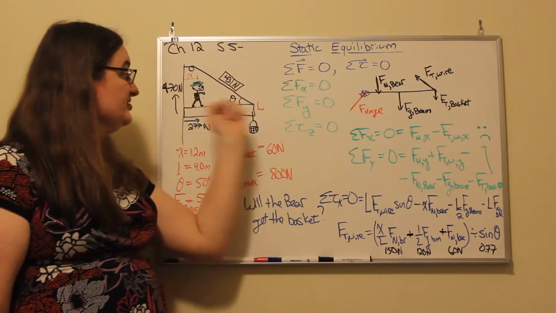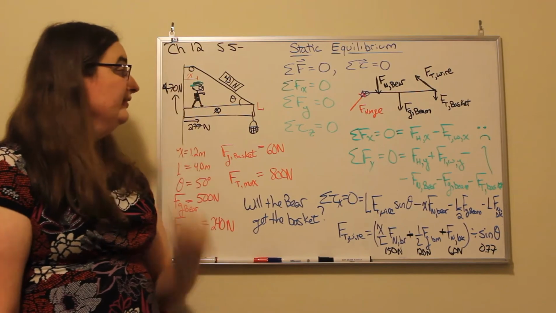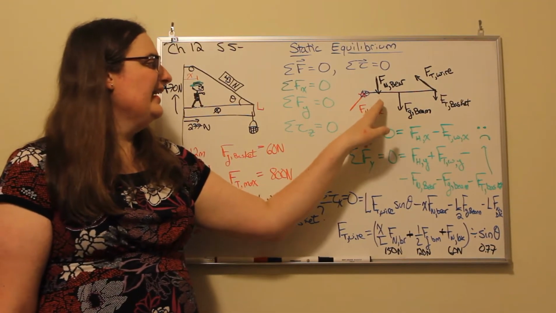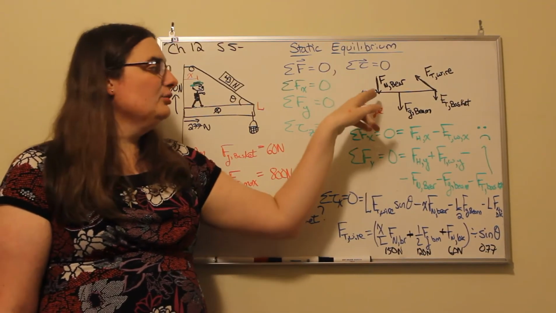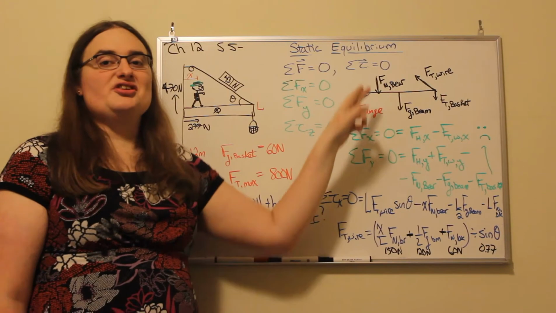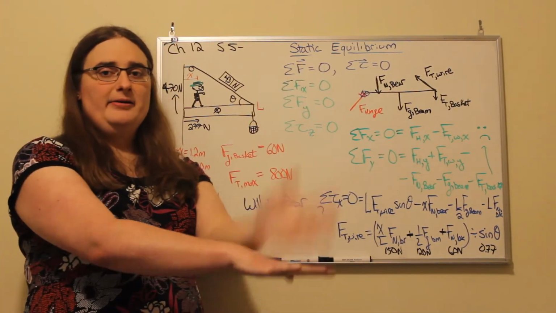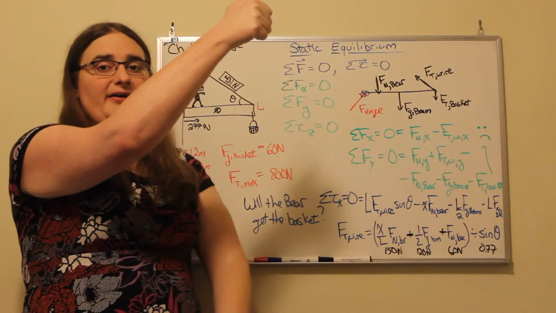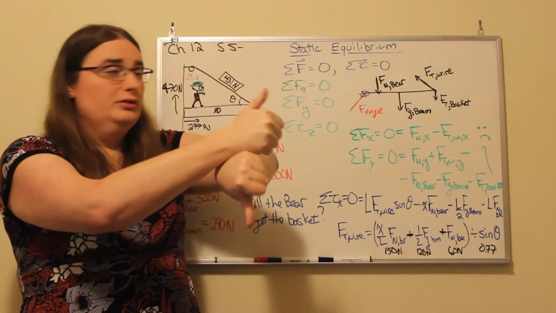Of the forces that I've talked about, the bear has a weight. The bear is standing on the beam, so at that distance x from the end of the beam we'll feel a normal force from the bear. Remember, the weight pulls on the bear, pulling him into the beam, so the beam pushes up on the bear, and by Newton's third law, the bear pushes down on the beam.